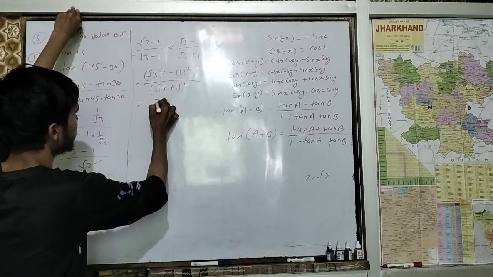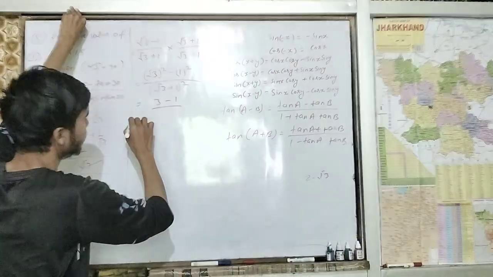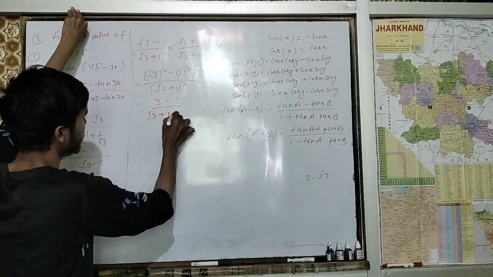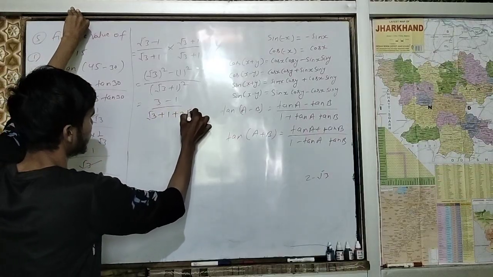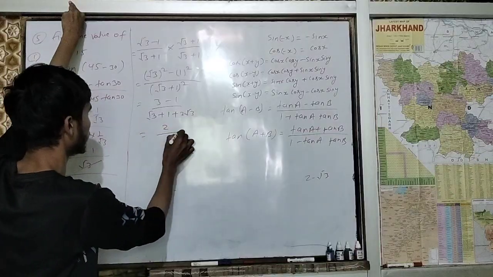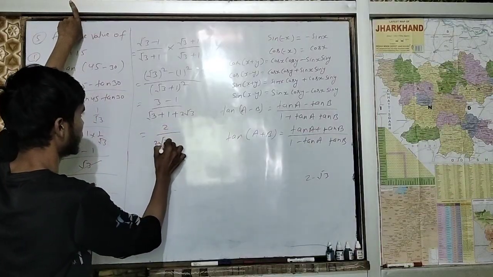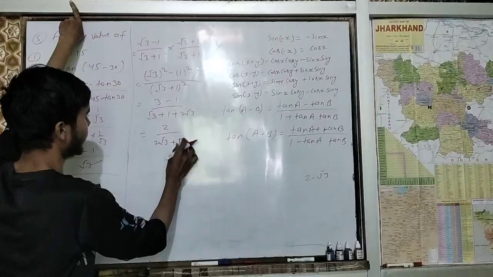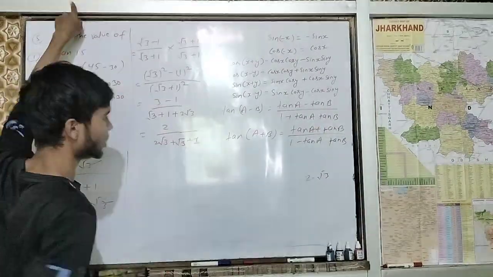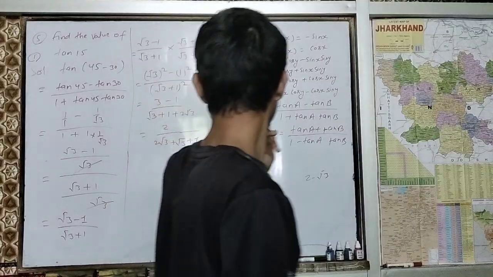It is becoming 3 minus 1. Then we have root 3 plus 1 plus 2 root 3. It is becoming 2 upon 2 root 3 plus root 3 plus 1. This is what is happening over here.